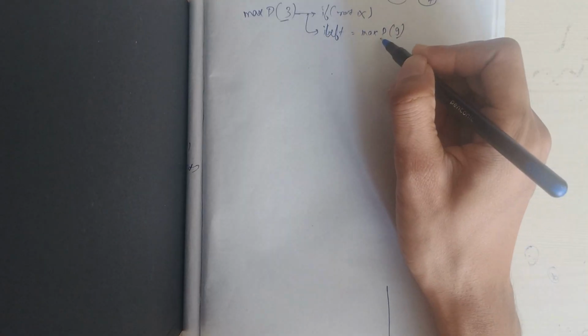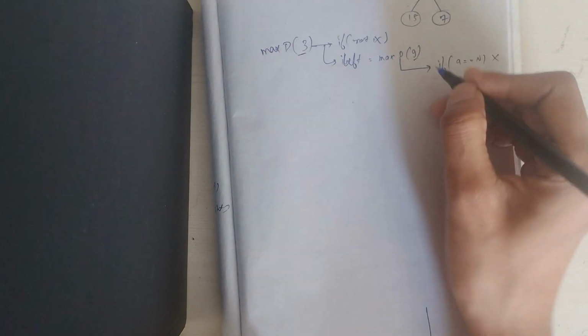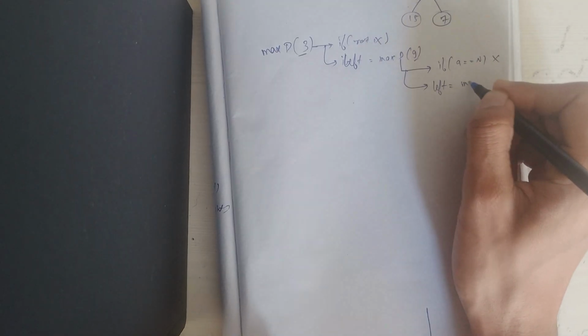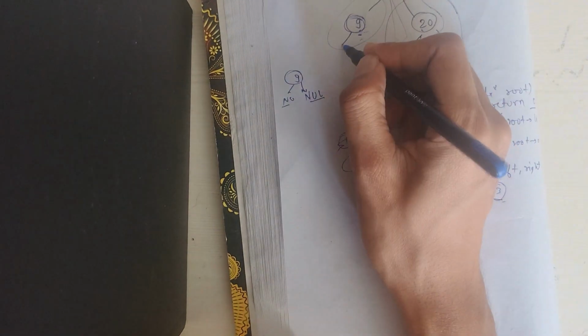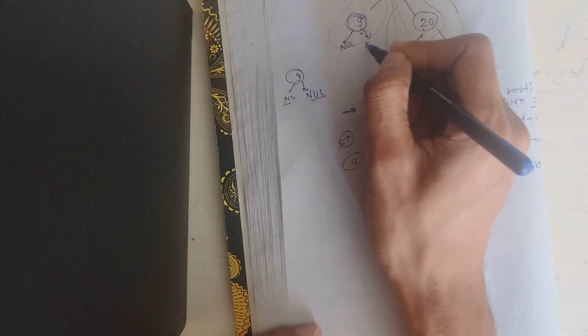For 9, again check if root is null. 9 is not null. The next step is to find left. Left equals maxDepth of what is left of 9. It is null, and right of 9 is also null.